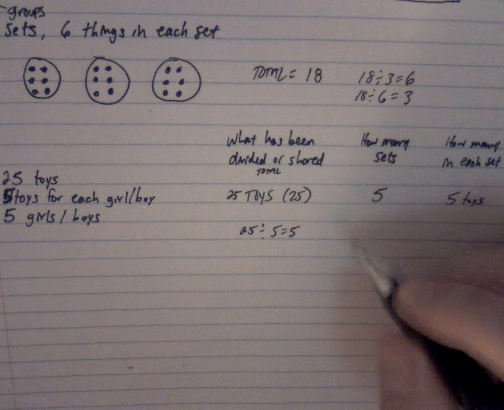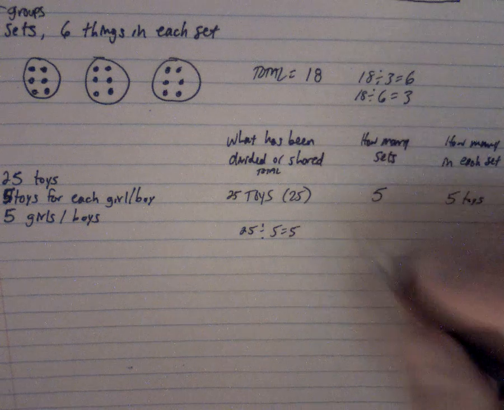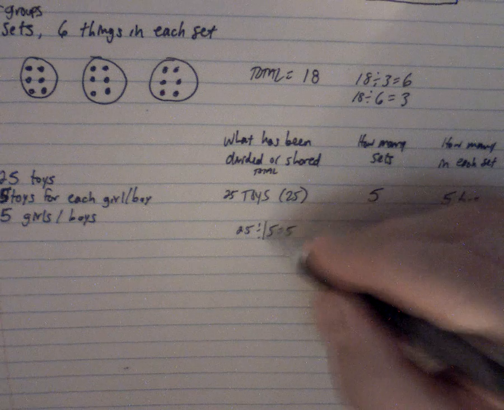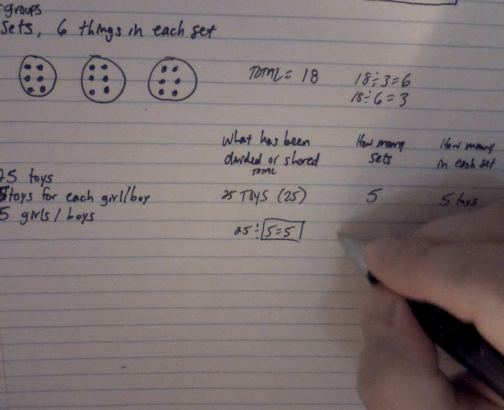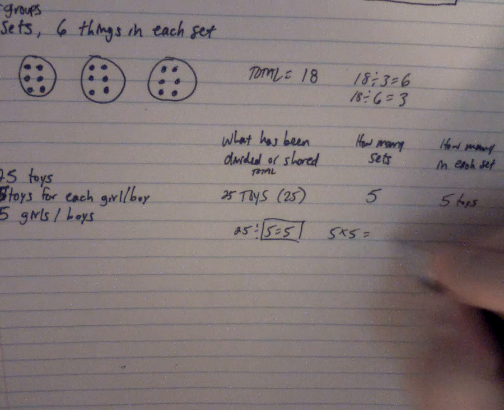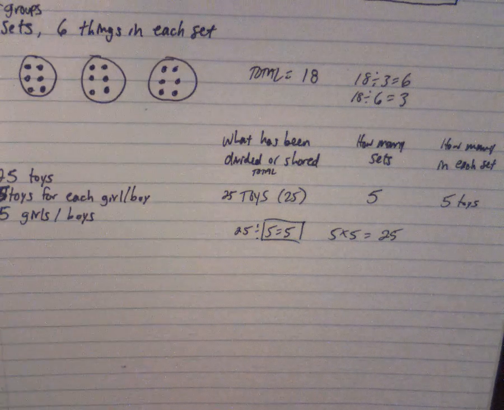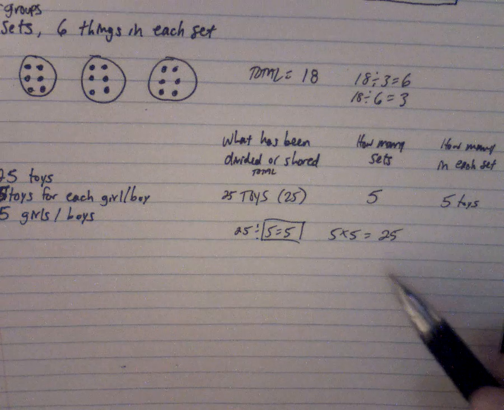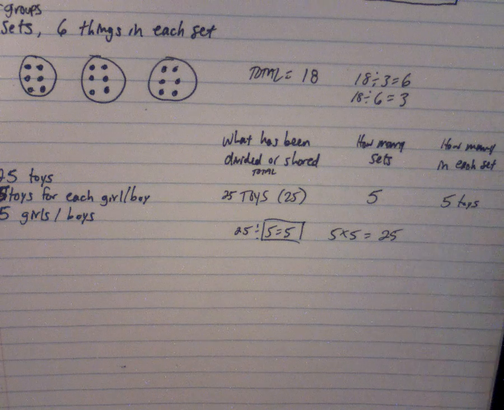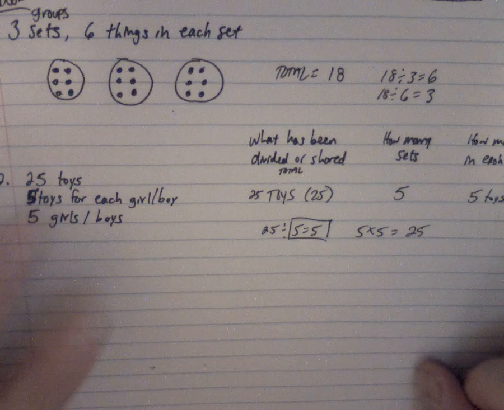So what do we need to multiply? When you want to multiply, you take these two right here. 5 times 5 equals 25. That is the opposite of division, multiplication. And you're going to see something like this.